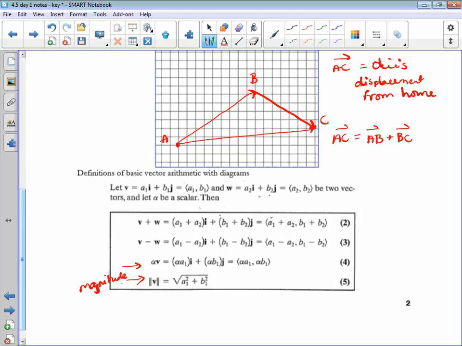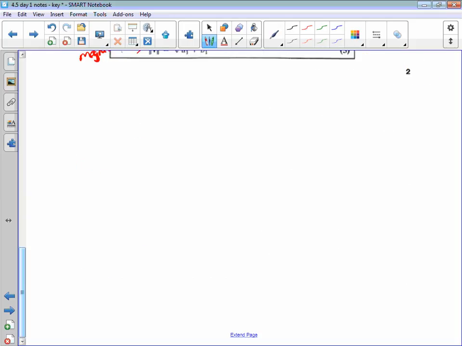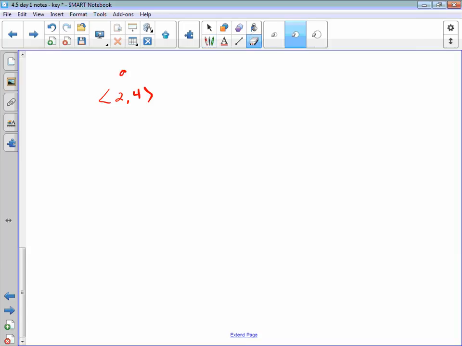Like I might give you the components. I tell you one vector has 2, 4, and your other one, I'll stick with V and W, and let's say W was -3, 6. Those are already in position form, in the component form for you.